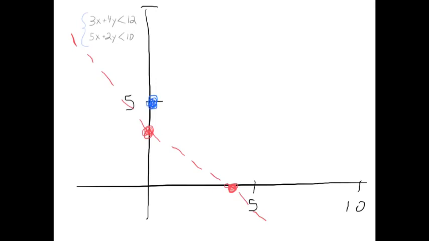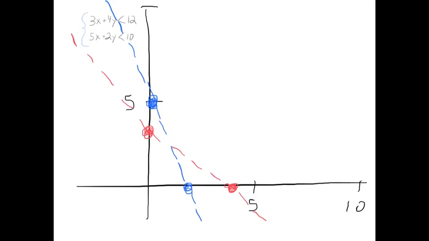Similarly, if y equals 0, then x equals 2, which is going to be right about there. And since this is 5x plus 2y is less than 10, rather than less than or equal to 10, again, this is going to be a dashed line, and it's going to continue on forever.